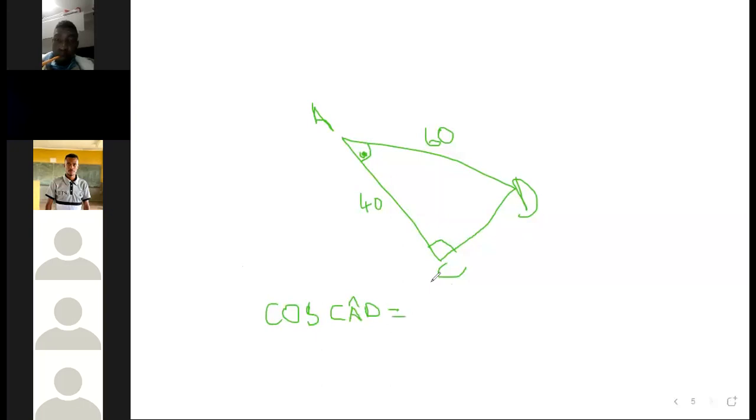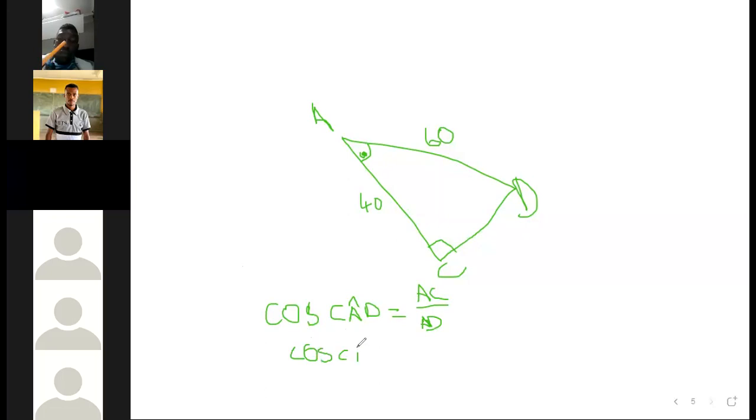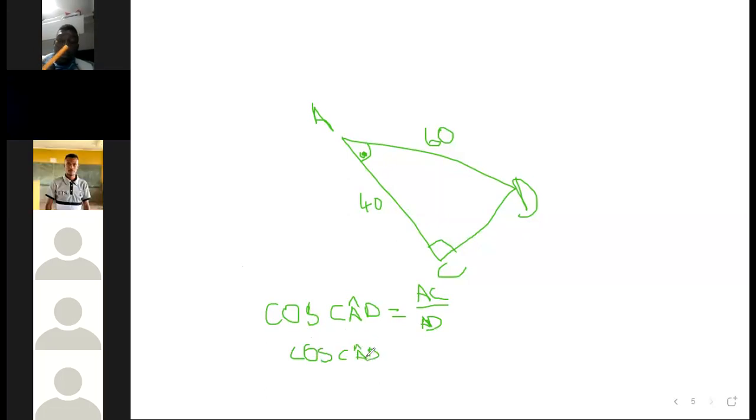So cos of CAD is going to be equal to AC over AD, which is 40 over 60.